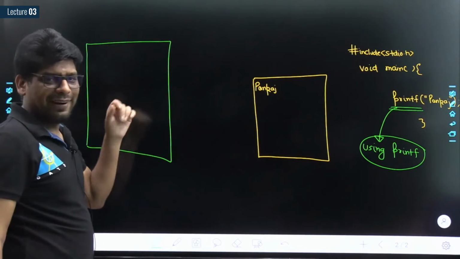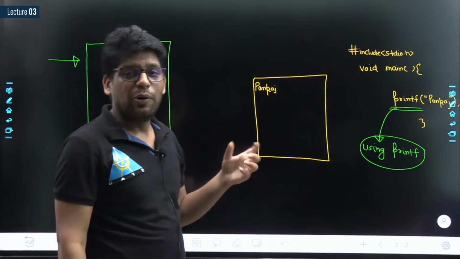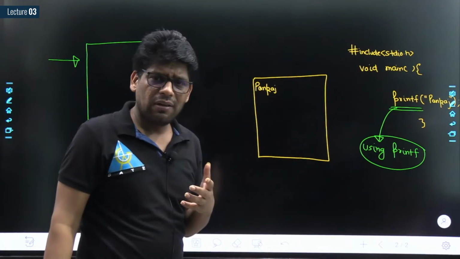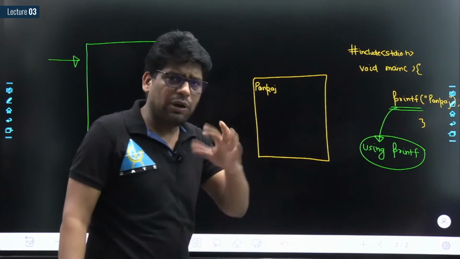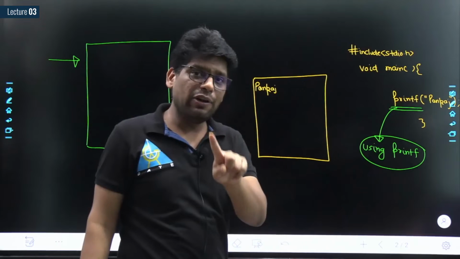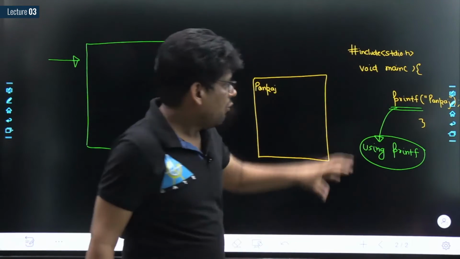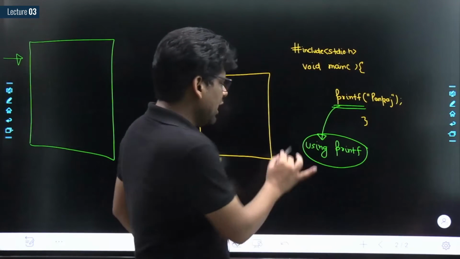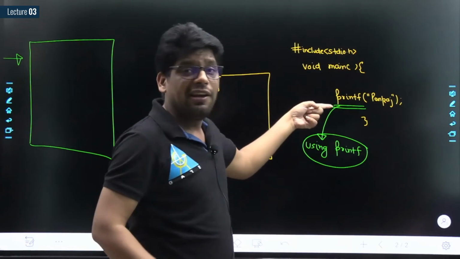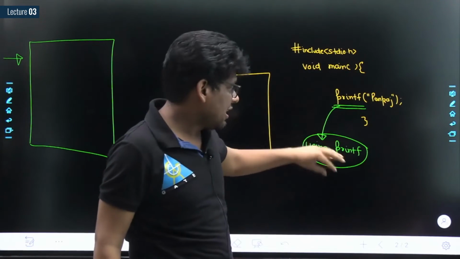Who wrote the code for printf? The user? No, sir. Right now, who is writing this program? Then who wrote the code for printf? The inventor of the C programming language. What we are doing here, sir, is only using printf just like an interface.